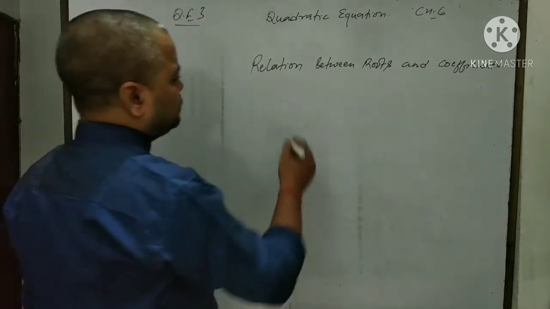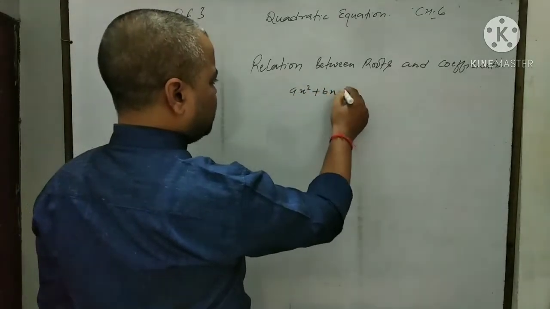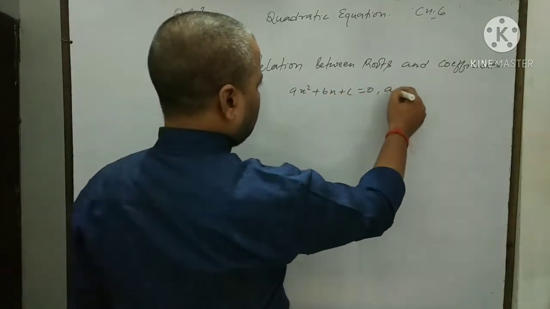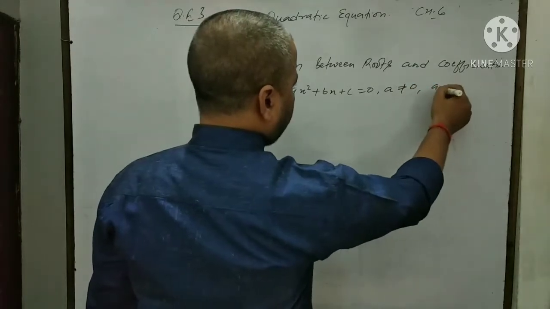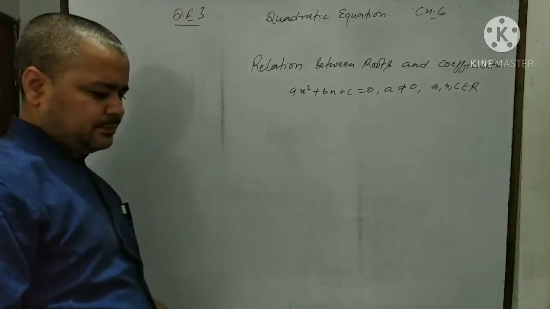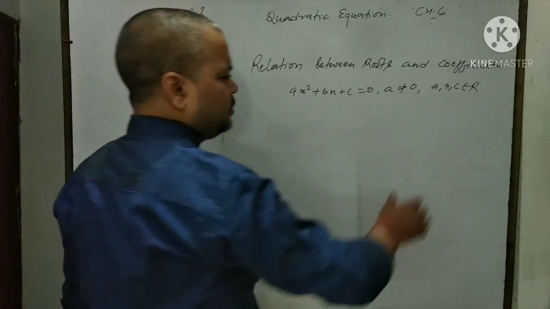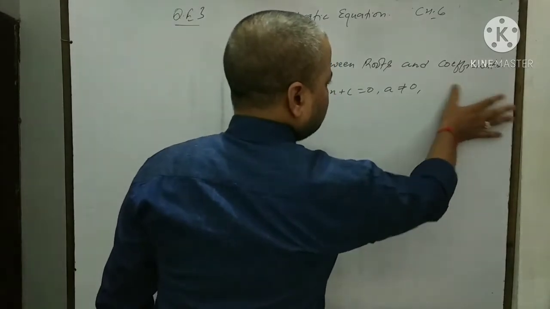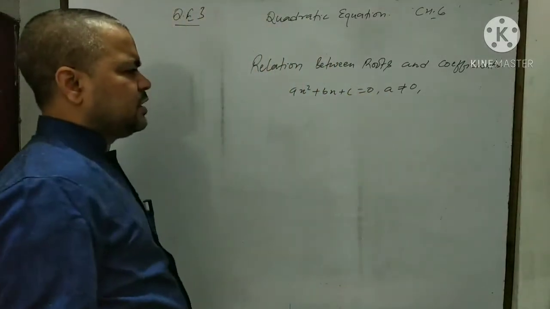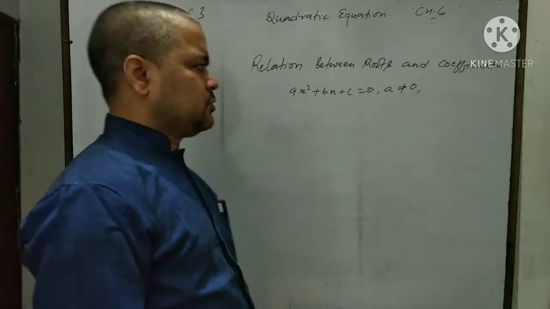You know that the quadratic equation is ax square plus bx plus c is equal to 0, a is not equal to 0, and a, b, c belong to real numbers, and it may be rational also. Therefore it will be better if we write only this much: ax square plus bx plus c is equal to 0 and a is not equal to 0.